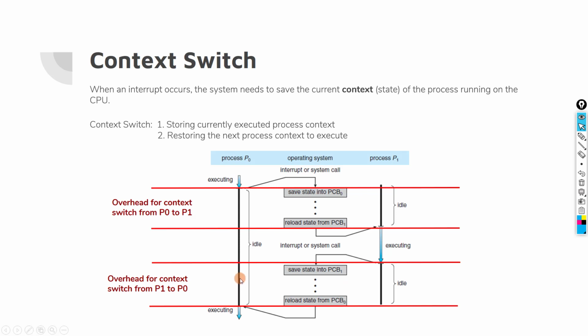So again a context switch occurs here. These context switch times are overhead to the operating system. So the goal of the operating system designer is to design an operating system which reduces the overhead of the context switch.